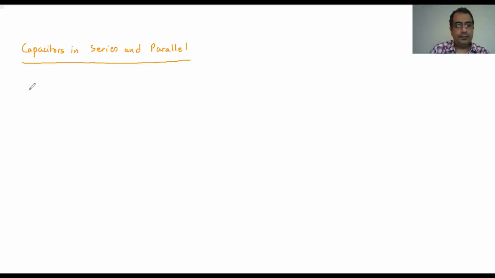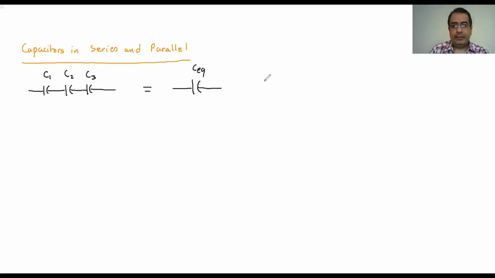So if I have, let's put it in series first, a couple of capacitors in series like this. It's going to be C1, C2, C3. I can replace them with a single capacitor and call it the equivalent capacitor.